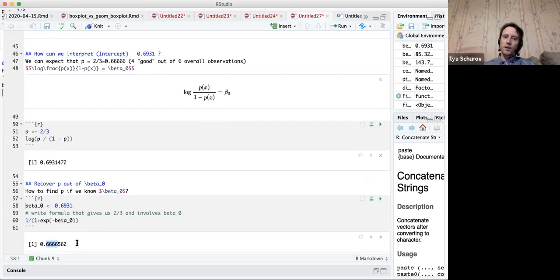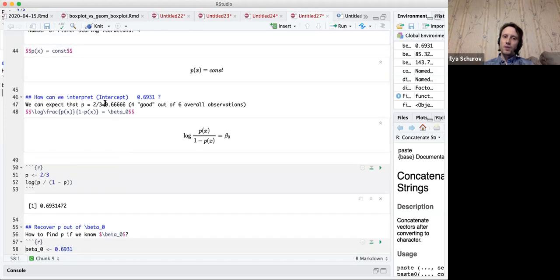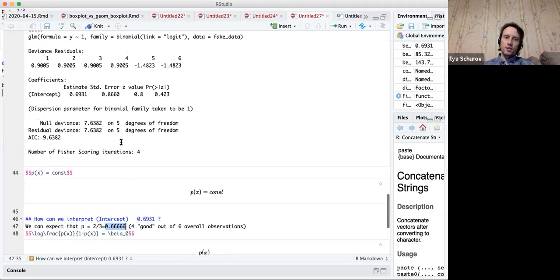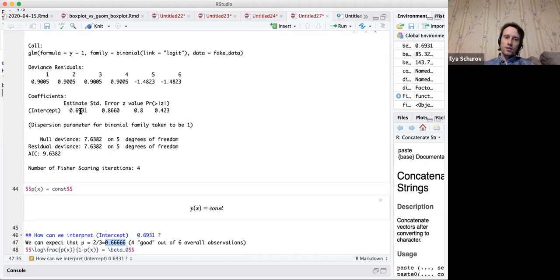So here we just switch from probabilities to odds and vice versa. This P is probability, and this value is logarithm of odds, logits.